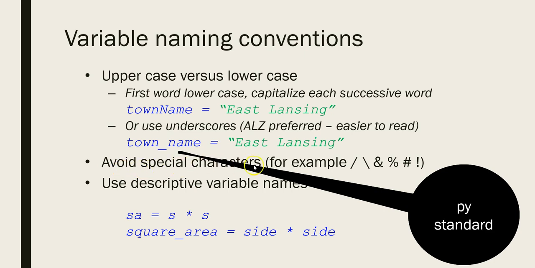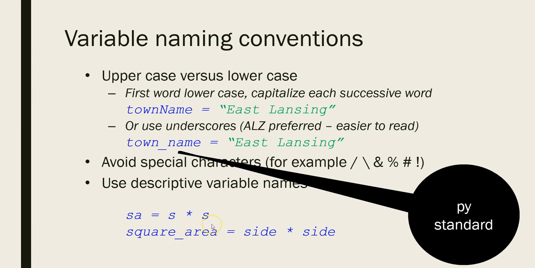There are some characters that you cannot use because they also have specific meaning. So if you put into your variable a % or hashtag or //, that is also going to be incorrect, and Python is going to complain. There's going to be an error. Finally, please do try to use variable names that actually mean something.